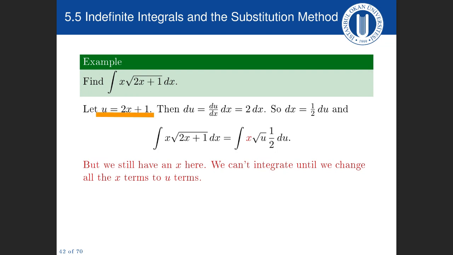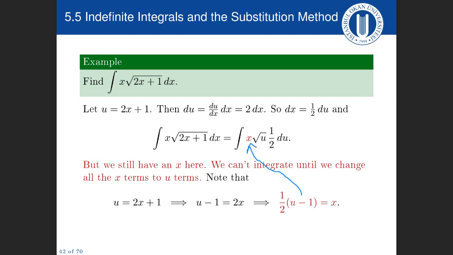We started with u = 2x + 1. If we rearrange this, we can see that x is equal to a half (u − 1). So we're going to replace x by this.